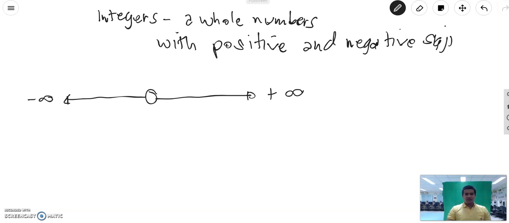So positive values can be written as 5, or positive 5, or 2, or positive 12. For negative values, we can write negative 2, negative 3, negative 4, and negative 9.